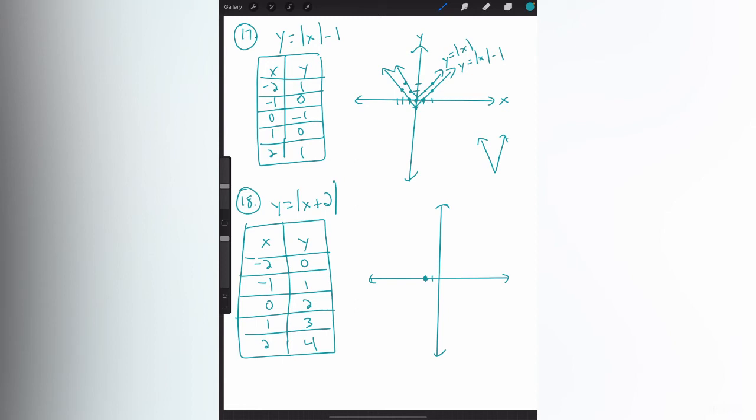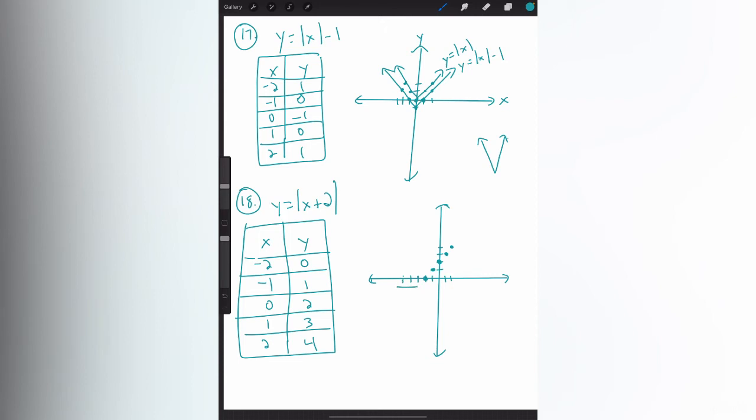I have negative 1, 1. I have 0, 2. I have 1, 3. I have 2, 4. Now, this is giving me a line. So if I'm expecting a V shape, I want to plot more points this way. So that way I can just double check and make sure I'm doing everything correctly. So I'm going to go ahead and keep going in this direction.